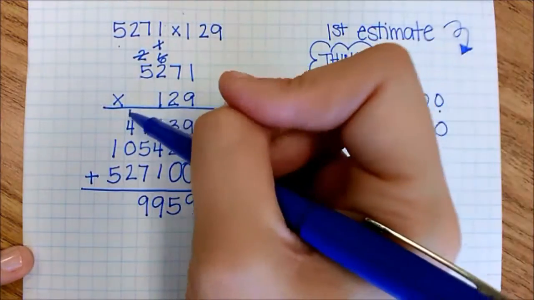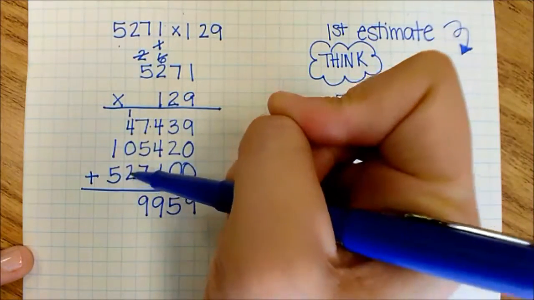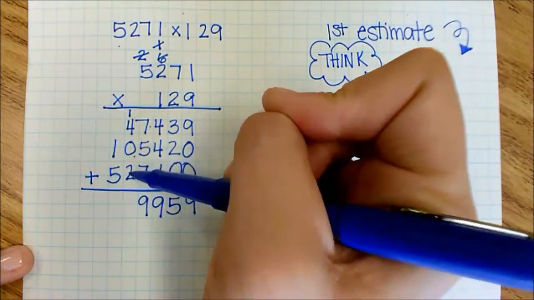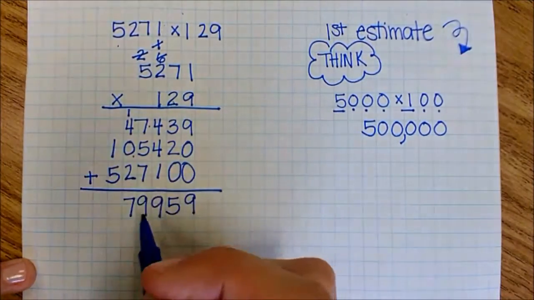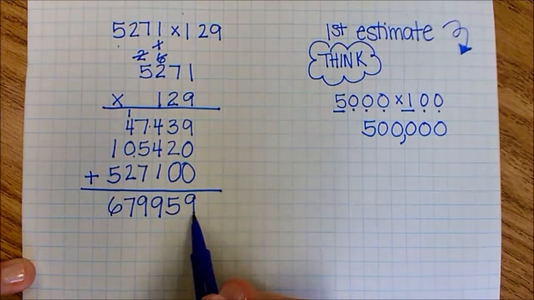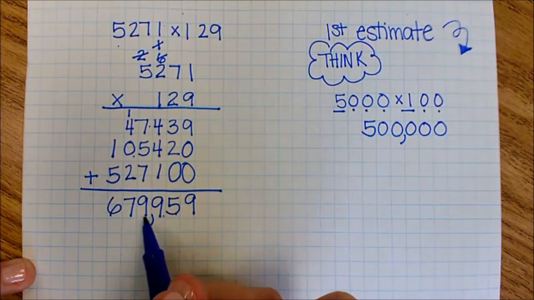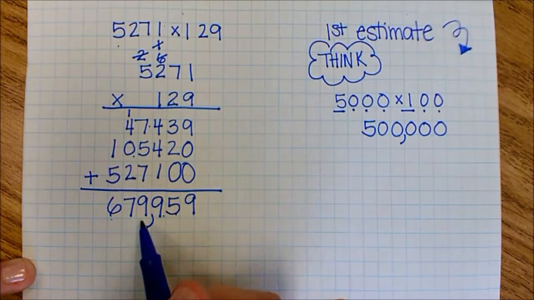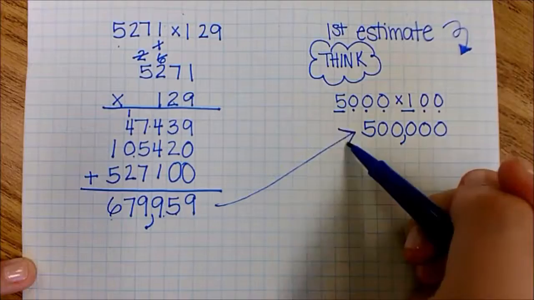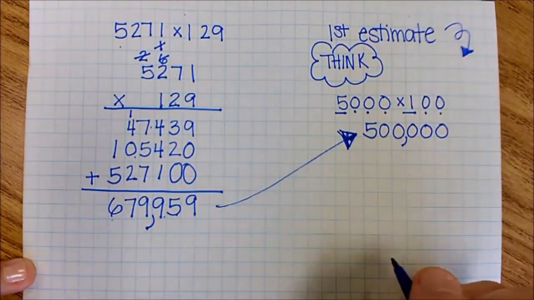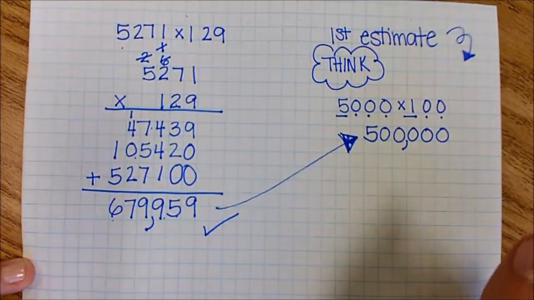Bring up my 1. 1 plus 4 is 5. 5 plus 0 is 5. 5 plus 2 is 7. And then 1 plus 5 is 6. So count 1, 2, 3, comma, 679,959. It's pretty close to 500,000. So I know my answer checked out.